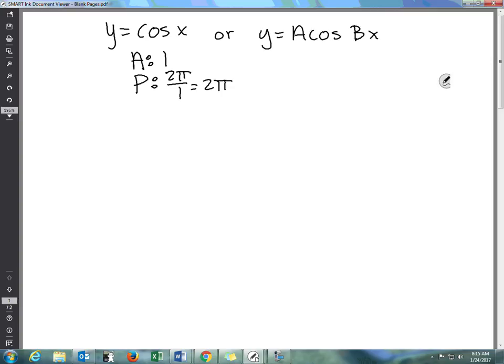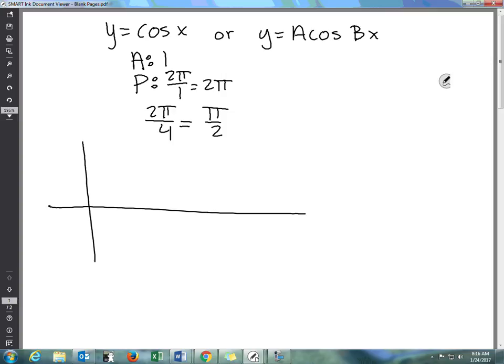And now, like in my last video, towards the end, if you take 2 pi and divide it by 4, for those 4 points along the x-axis, I get pi over 2. So each mark will be a pi over 2. Just like sine, cosine starts along the y-axis.